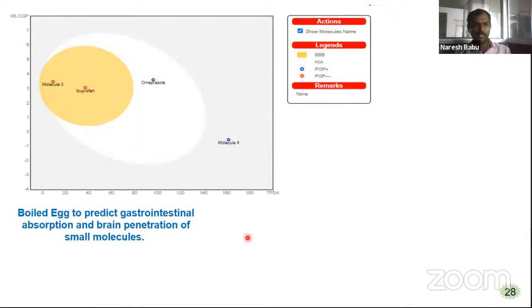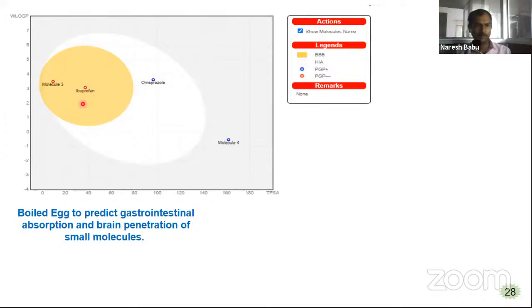The BOILED-Egg is used to predict the gastrointestinal absorption and brain penetration of small molecules. The BOILED-Egg method is included in this Swiss ADME tool, and it is used to find out whether a compound crosses the blood-brain barrier and whether gastrointestinal absorption is there or not. Here I represented some drugs: ibuprofen, omeprazole, and two other drugs which are not marketed, where I simply gave the structures.